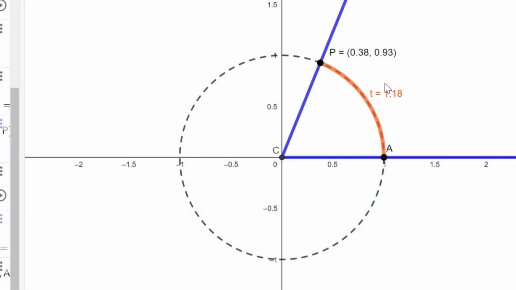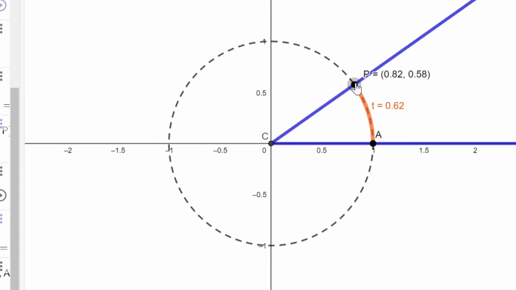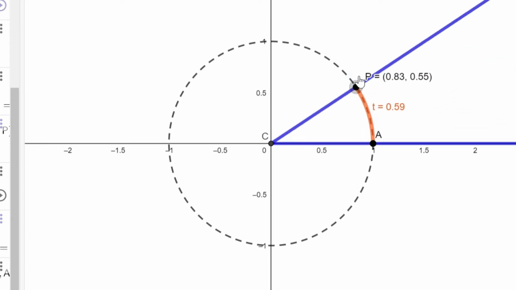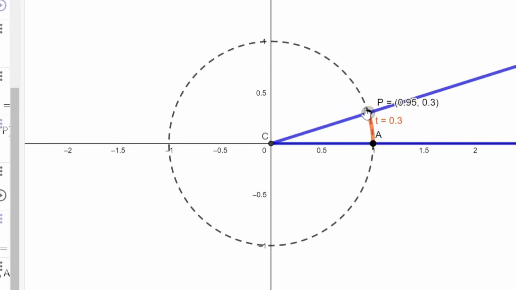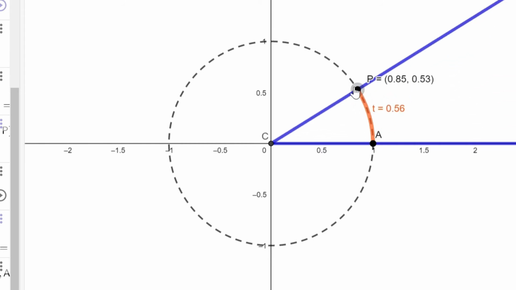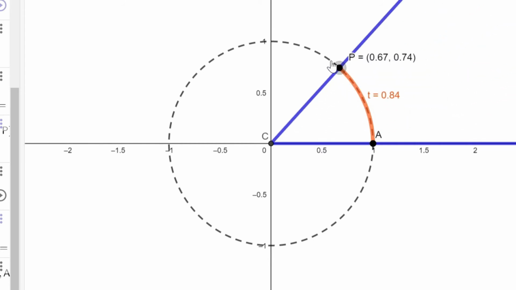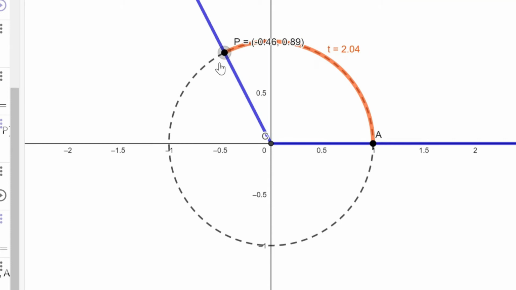So I am opening GeoGebra, and through the help of this software, you can see what I am talking about. Let's say, for example, we have an angle PCA. If we want to produce an angle with a particular radian measure, we rotate our terminal side.